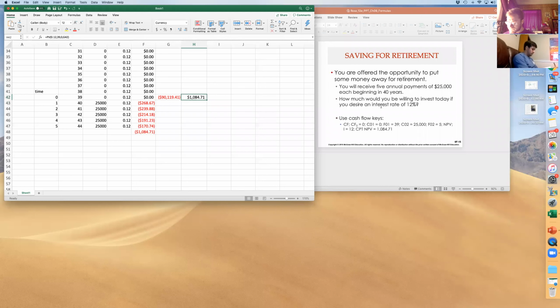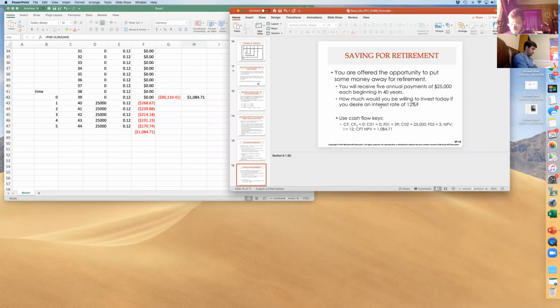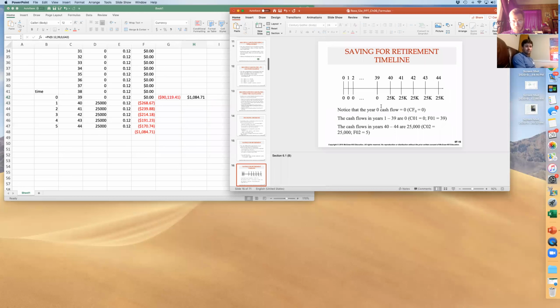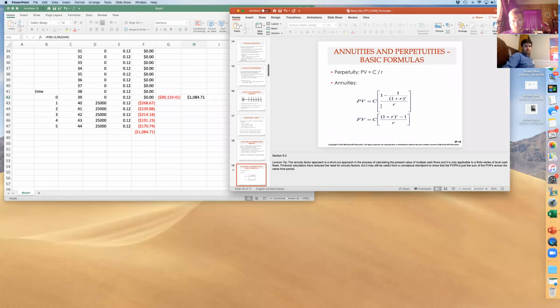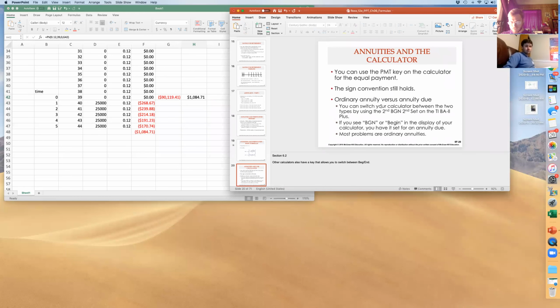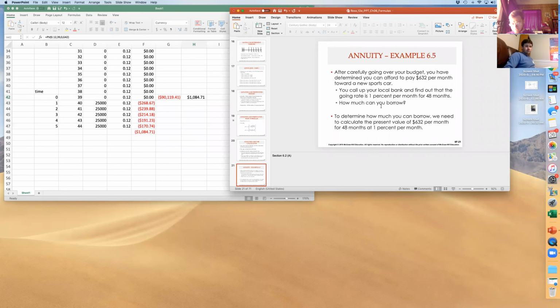All right, I'm going to try another one here. Okay, after carefully going over your budget, you have determined you can afford to pay $632 per month towards a new sports car.